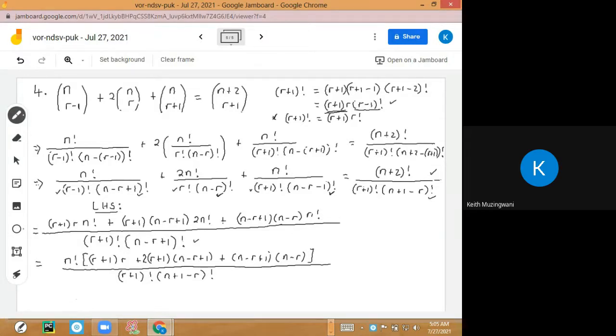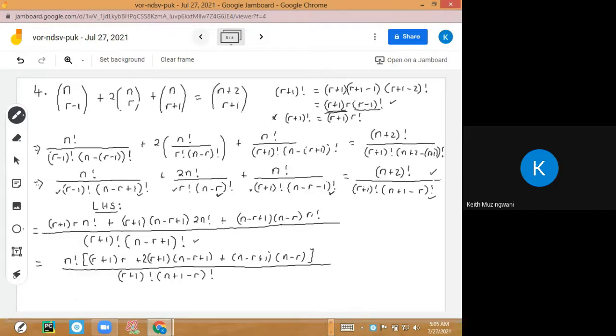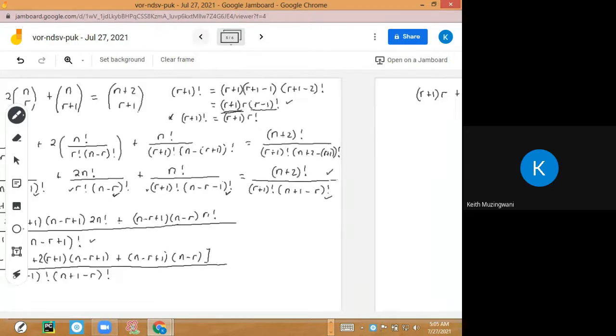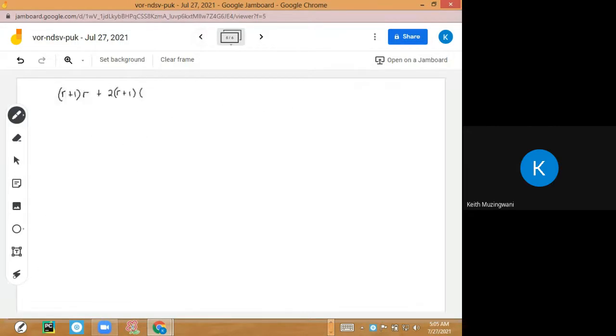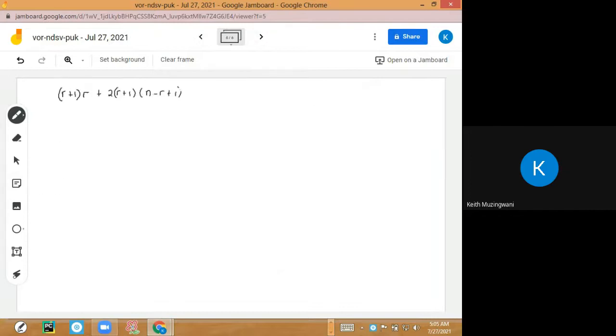So we have r plus 1 multiplied by r plus 2, plus 2 times r plus 1 times n minus r plus 1, plus n minus r plus 1 being multiplied by n minus r.